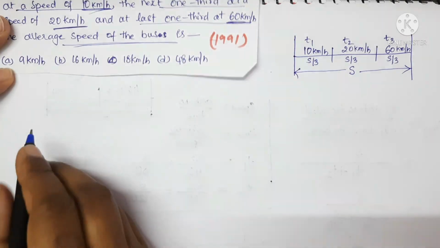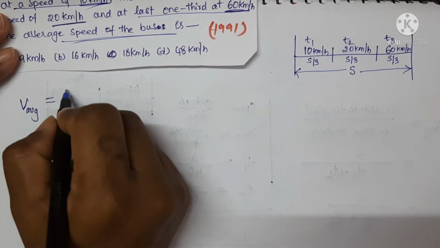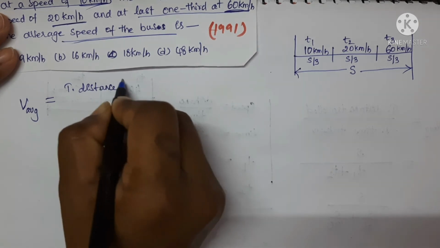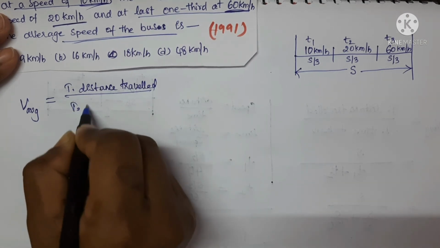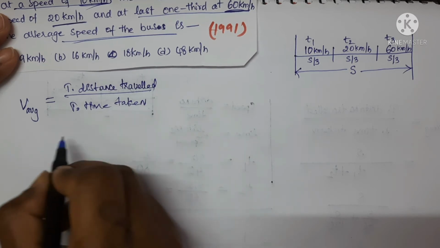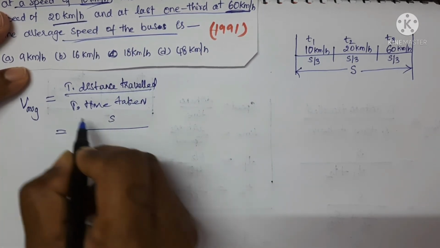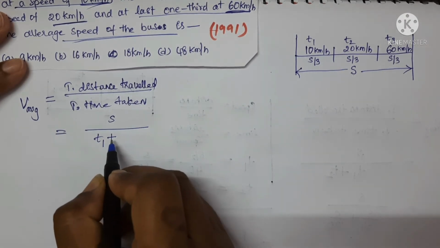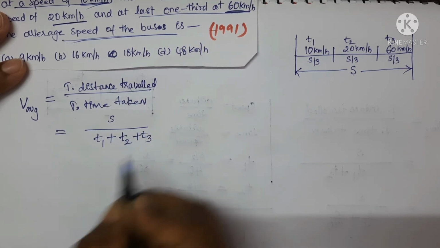For that, let us write the formula for average speed is equal to, we know, total distance travelled upon total time taken, which is equal to total distance travelled is S upon total time taken is for first 1/3 T1, second 1/3 T2 and the third 1/3 is T3.